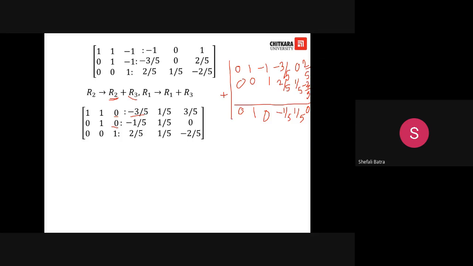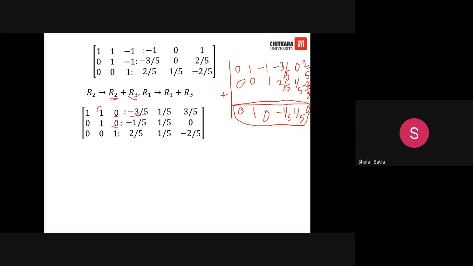Now your new R2 would be 0, 1, 0, minus 1 by 5, 1 by 5 and 0. If you do it like this, the chances of mistakes will be very, very less. Initially you can do like that. When you are in practice, then you can write directly. Now this 0, this 0.